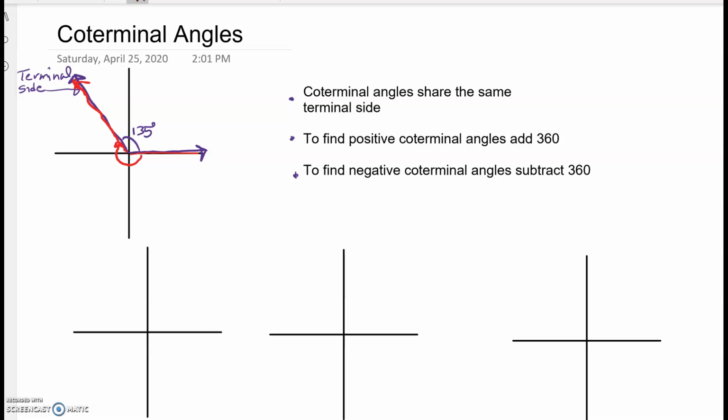Well, that measurement would be negative 360 degrees plus 135. And that would be a measurement of negative 225.